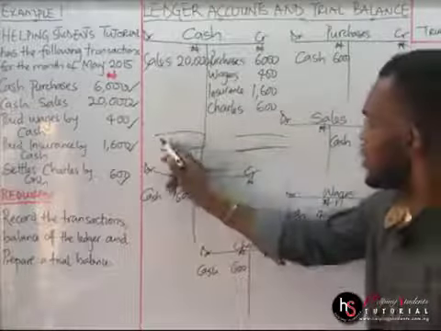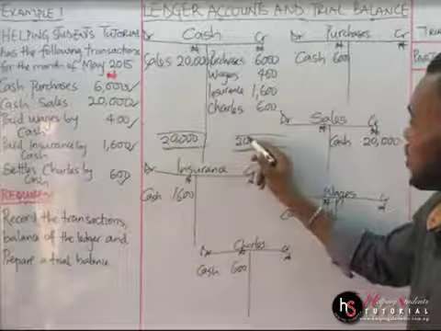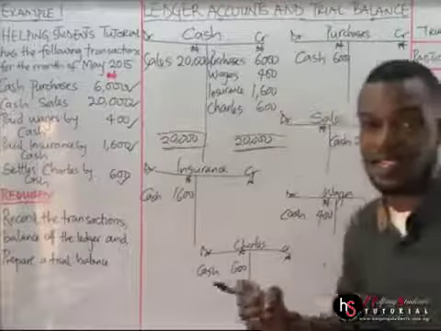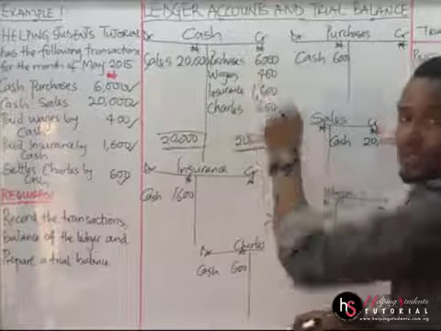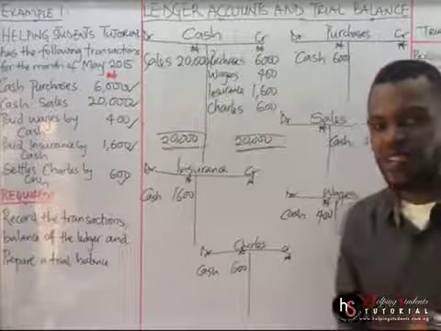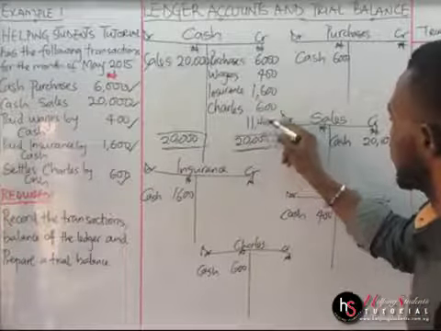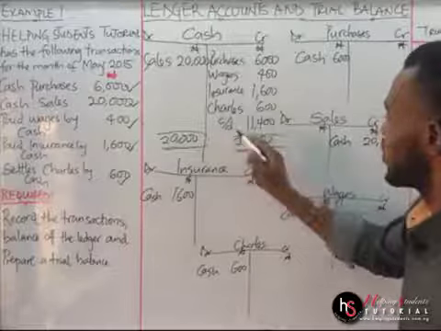So we write 20,000. And we also have 20,000. All right? Now, when we summed everything here, it gave us 8,600. So 20,000 minus 8,600 gives us 11,400. So you record 11,400 here. And this 11,400 stands as your what? Balance carried down.